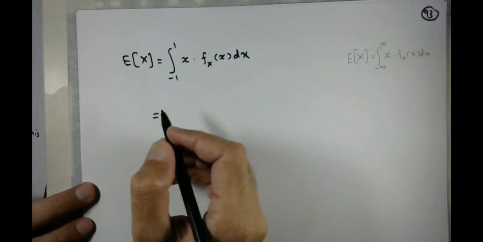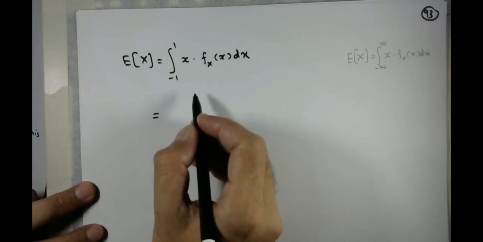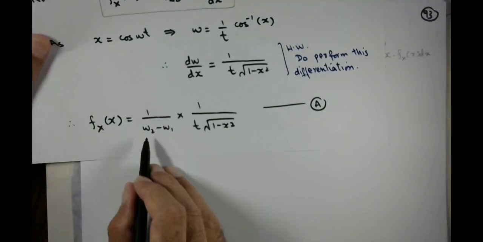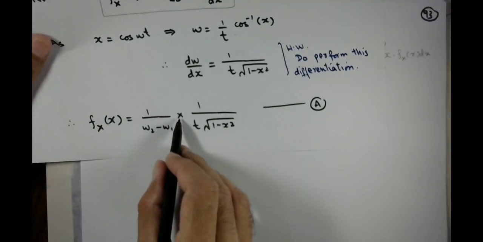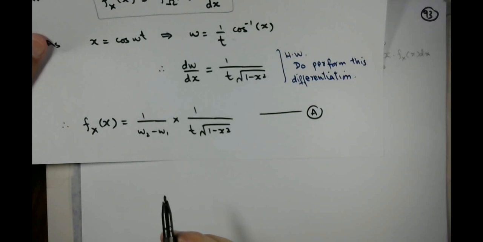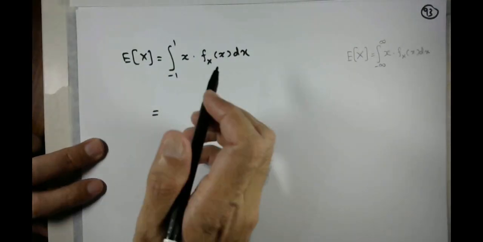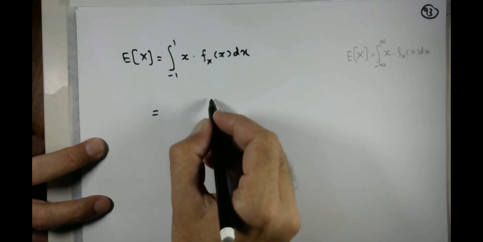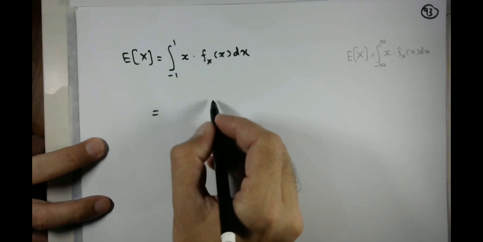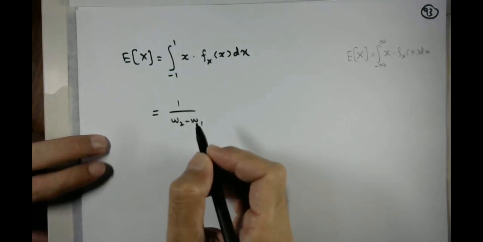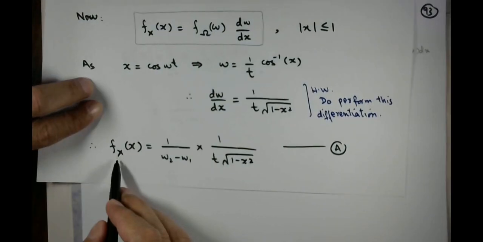Now what is f sub x? It is 1 over (omega 2 minus omega 1) times 1 over t times the square root of 1 minus x square. Remember, this is for the random variable x.